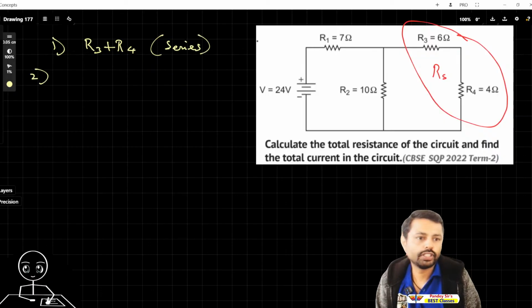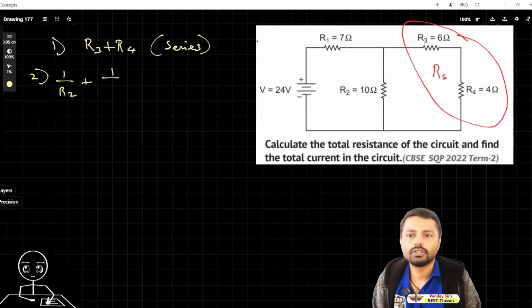Second step, we need to do 1 by R2 plus 1 by RS. So 1 by RP we need to find.